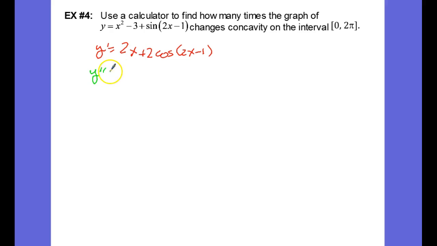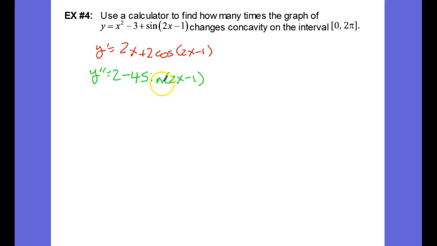So the derivative of 2x is 2, plus the derivative of cosine is negative sine, so minus sine of 2x minus 1. The derivative of 2x is 2, times the 2 that was already out front gives us a 4. And so this is my second derivative, 2 minus 4 sine 2x minus 1.